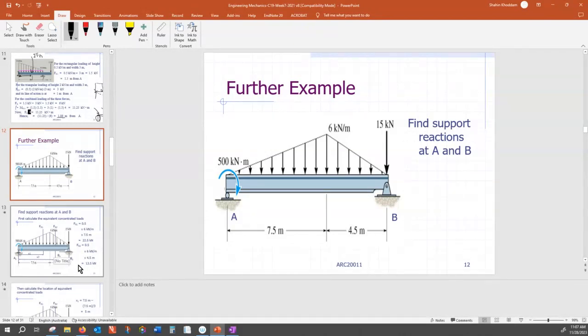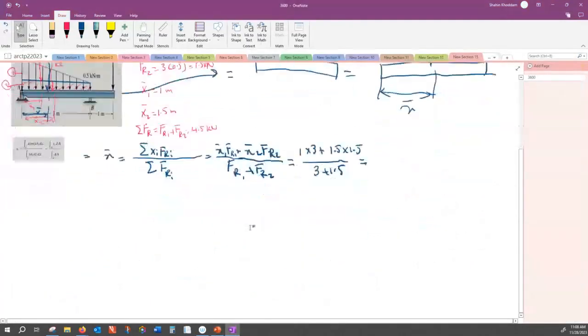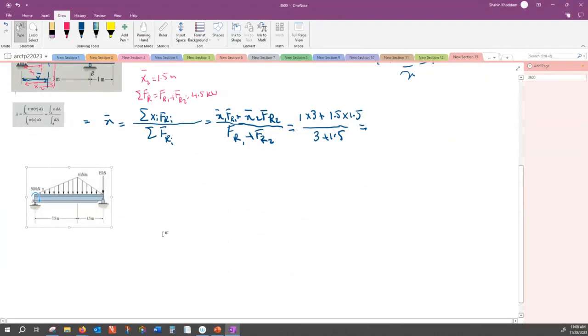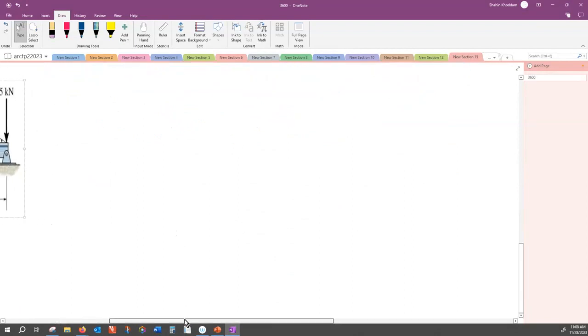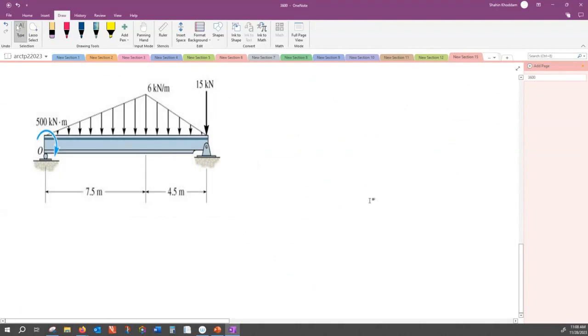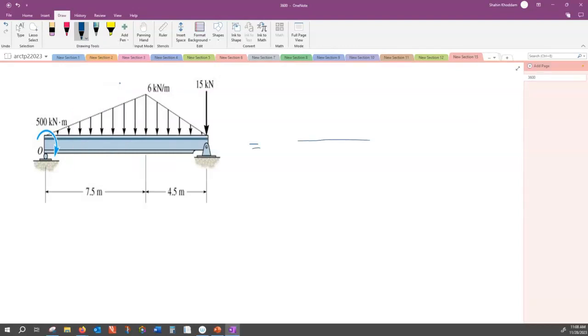The first step is let's replace the... okay, first step, this is equivalent to a beam.